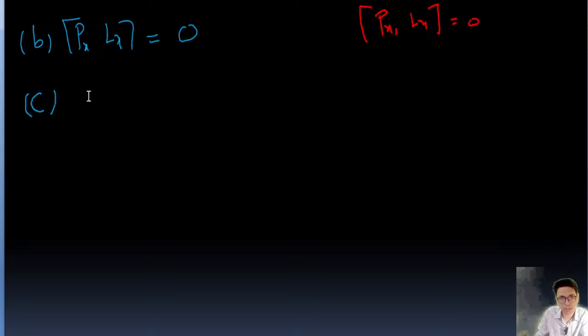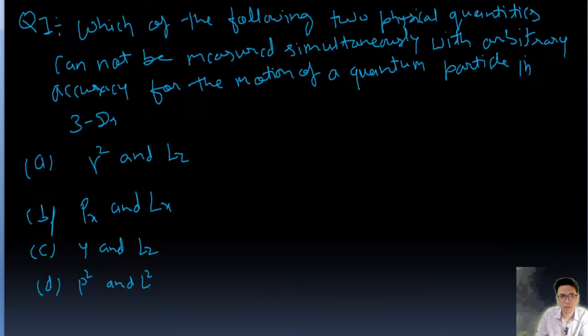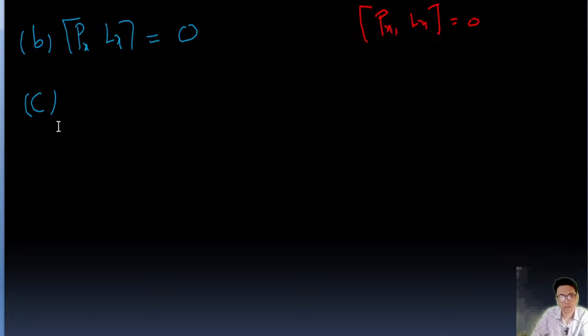Okay. Option C is y and lz. So we'll find the commutation of y and lz.